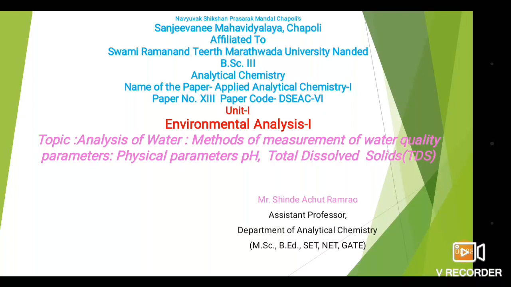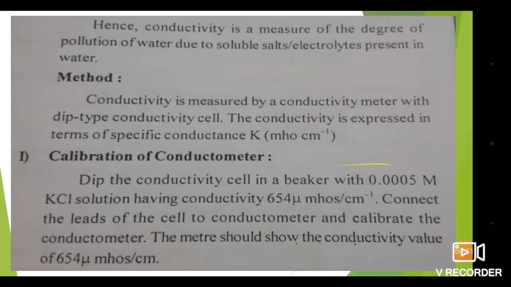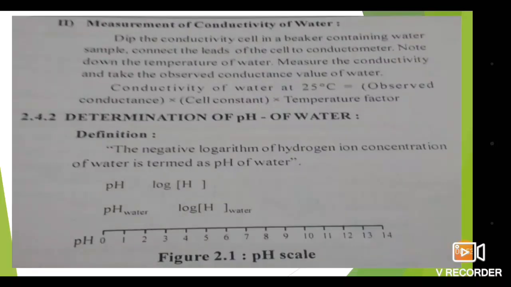Today we are going to learn about the pH and total dissolved solids of the water. So let's begin with these topics: how you can measure the pH of water as well as the total dissolved solids, or TDS, of water.